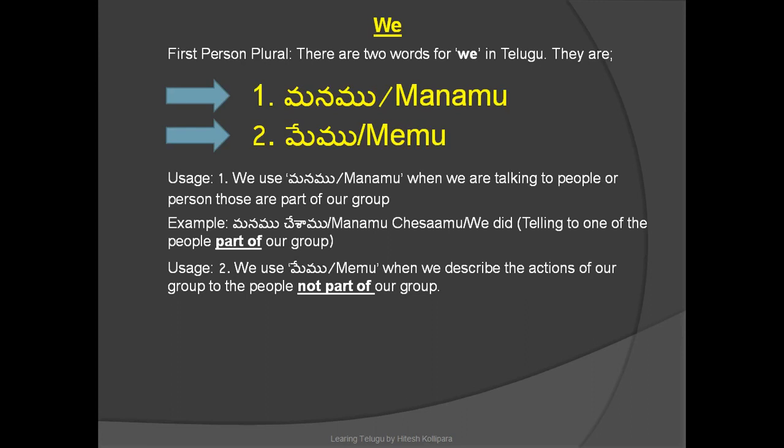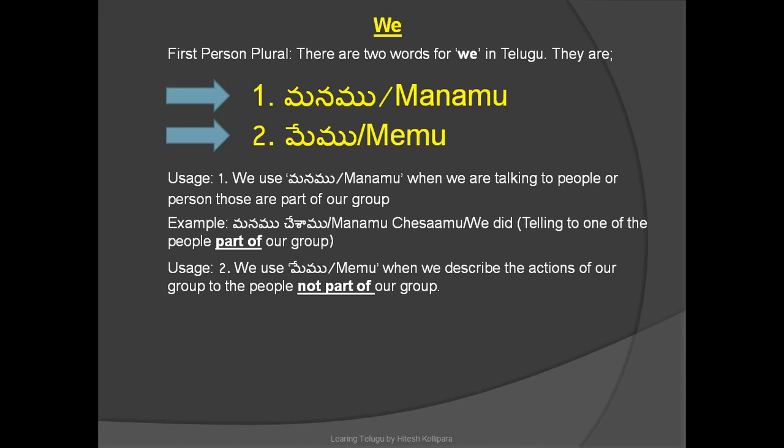I hope you are getting it, right? Let us continue with the same example. Suppose instead of your friend, your boss comes to you and inquires about the project, then how would you reply? You would say, "My dear boss, we did," right?